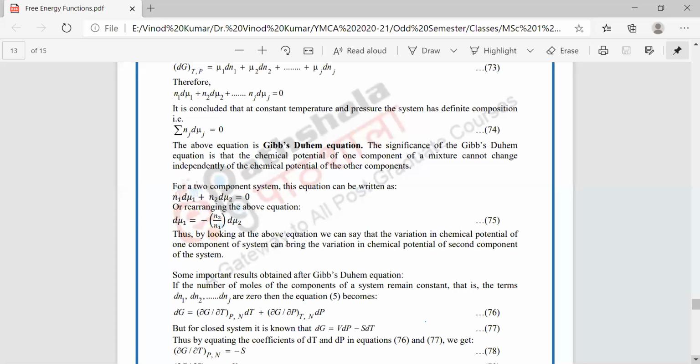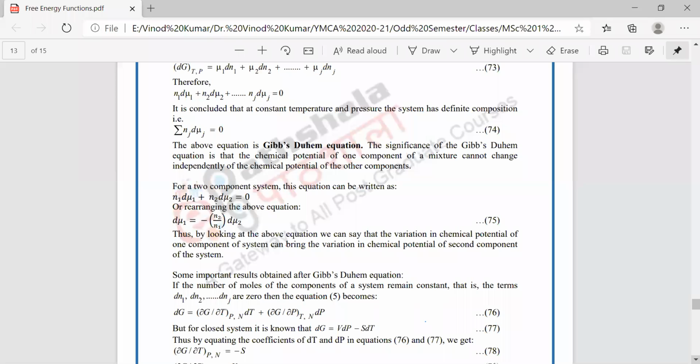So from here we can define d mu1 equal to minus n2 by n1 d mu2. Thus, by looking at this equation, we can say that a variation in the chemical potential of one component of the system brings a variation in the chemical potential of the second component. Means if we vary the chemical potential of one component, there is a variation in the chemical potential of the other.